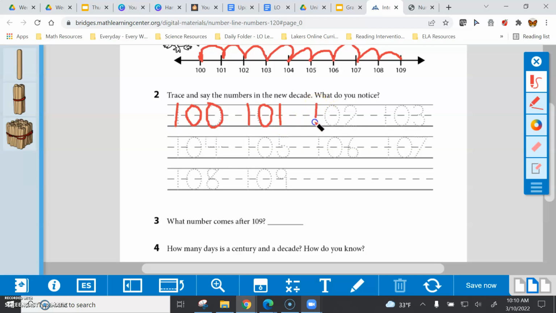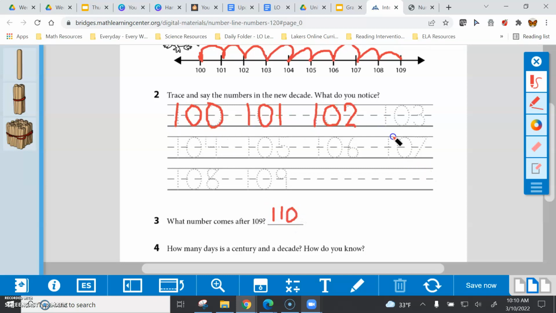And you're going to continue to trace over all of the numbers that are here, 102, until you get all the way down to this last number, 109. Then you're going to be asked the question, what is the number that comes after 109? So if you're counting 101, 102, 103, 104, 105, 106, 107, 108, 109, that last number should be 110.